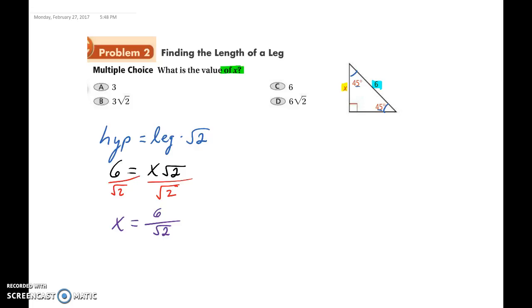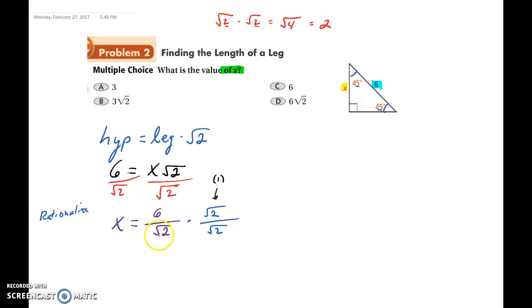So we can't leave a radical in our denominator, so we have to do what's called rationalize. So we will rationalize the denominator, and then we will multiply by the square root of 2 over the square root of 2. Now the reason why we're doing this is this is equal to 1, so it's not changing the value of this fraction at all. And if we do the square root of 2 times the square root of 2, this is equal to the square root of 4, because we can multiply what's on the inside since our indexes are the same, and the square root of 4 is equal to 2.